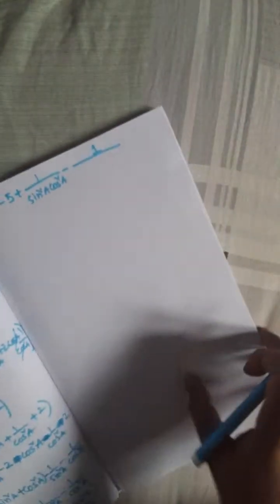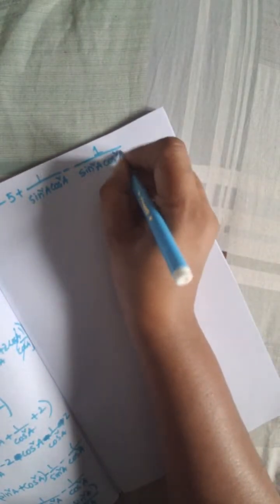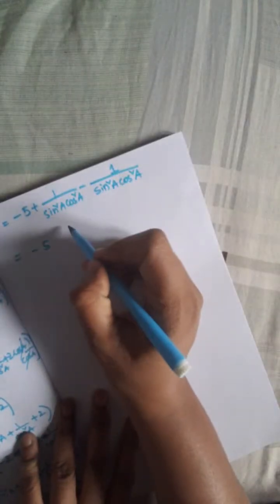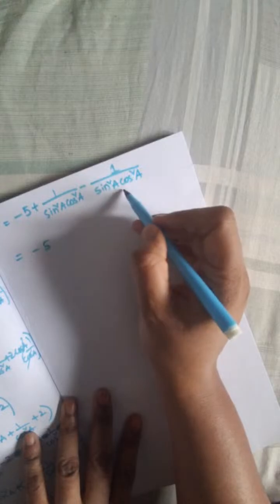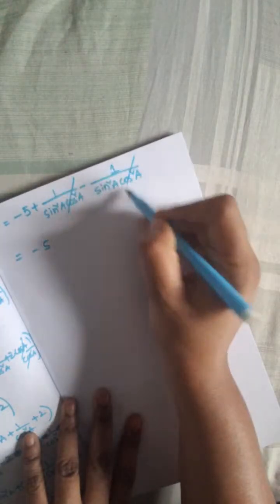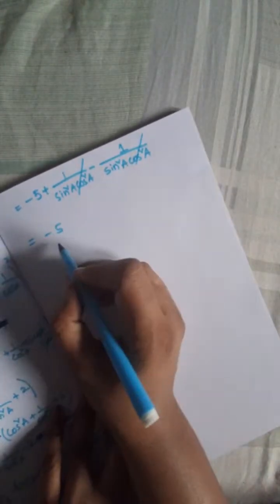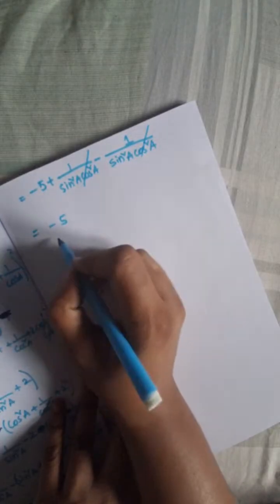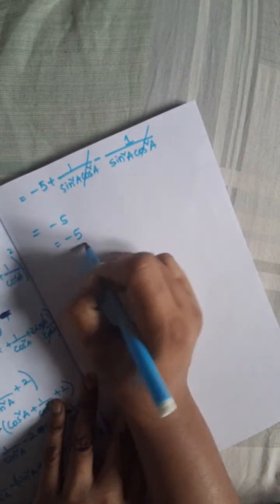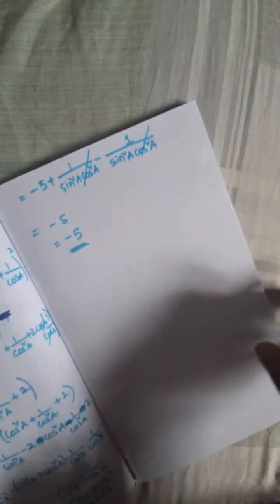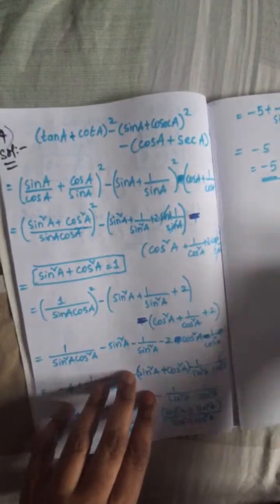So remaining is denominator sin square a cos square a. Now very easily we can do this step. Okay, here what? 1 by sin square a cos square a minus 1 by sin square a cos square a get cancelled. Okay, now remaining is only the constant term, that is minus 5 we get. Okay, so very easy to do these steps.